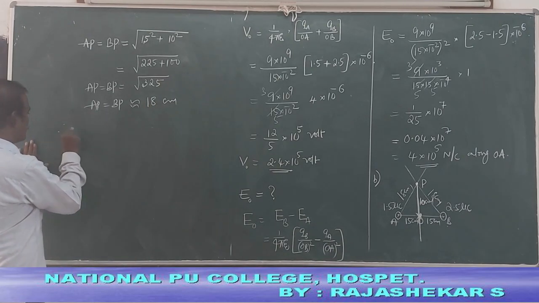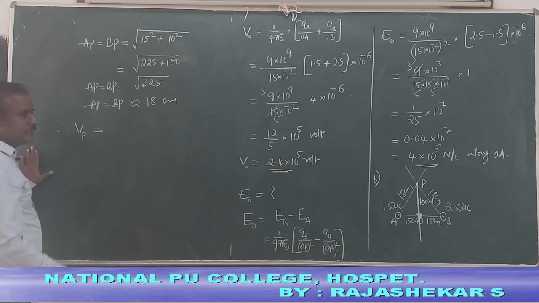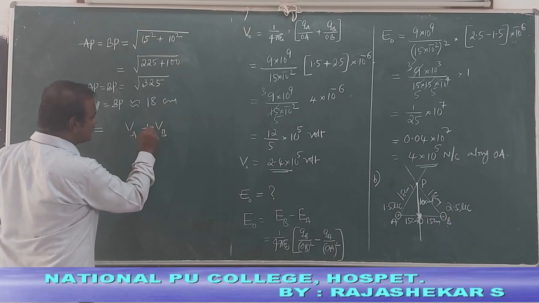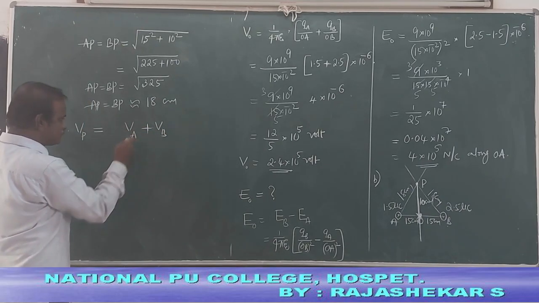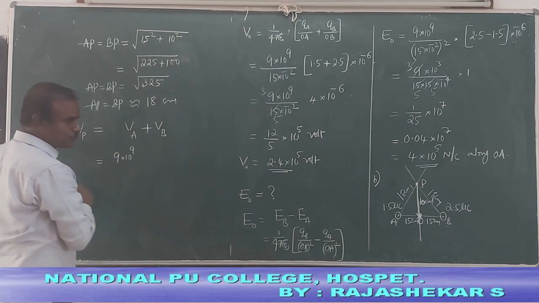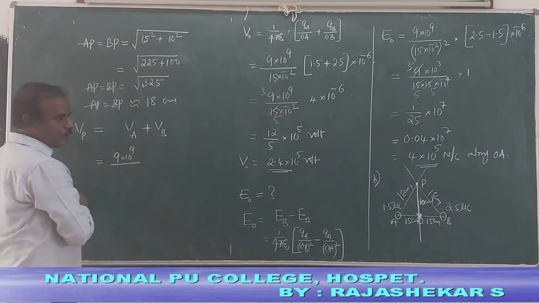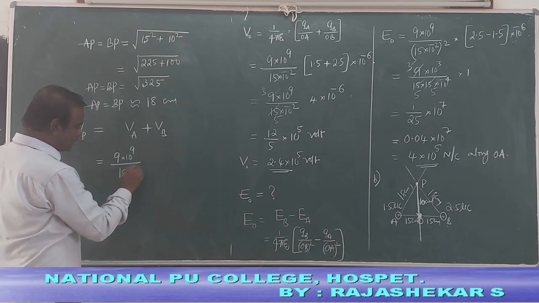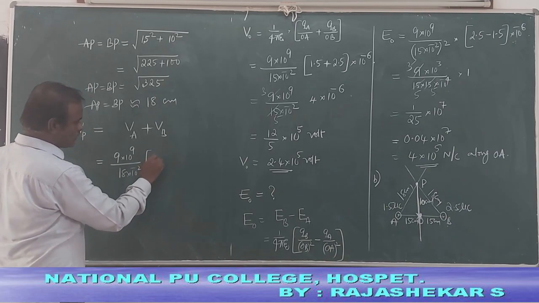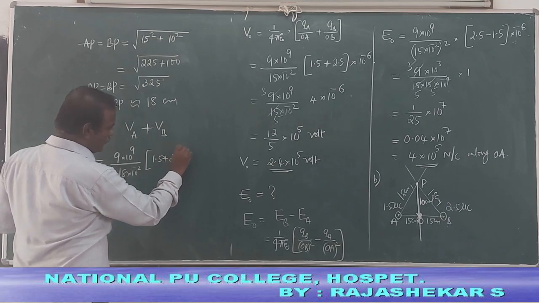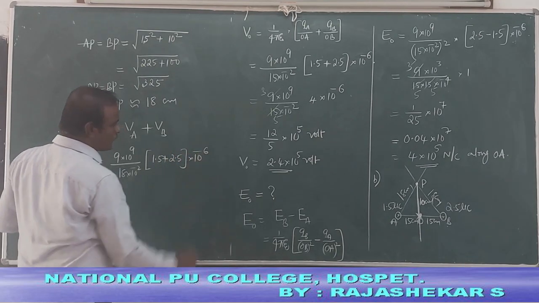Therefore, now potential V at P is equal to, again an algebraic sum only, VA plus VB. Again I write directly, 9 into 10 to the power 9 common. The distance is also common. What is the distance? AP or BP, which are the same, 18 centimeter, into 1.5 plus 2.5, 10 to the power minus 6.